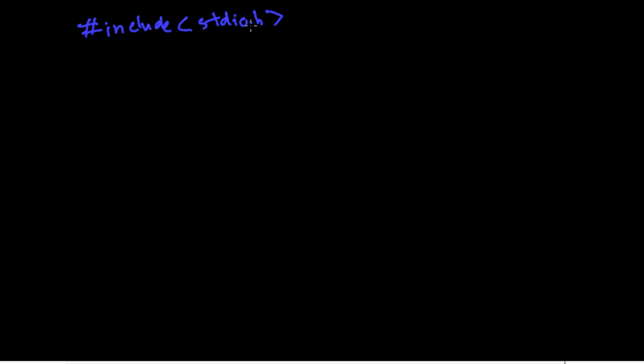Now, as I've mentioned earlier, the first line of every C programming code should be this: hash include stdio.h. Now the second following line should be int main. Now do not confuse this. Main is not a variable. Main is a function.